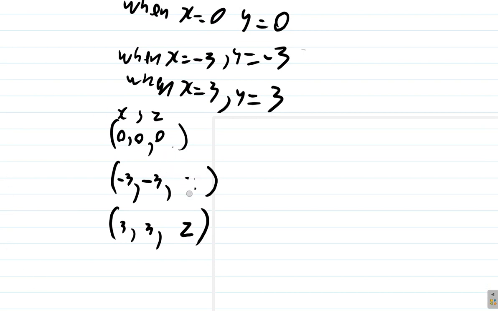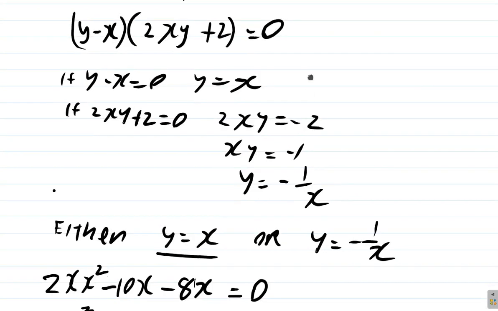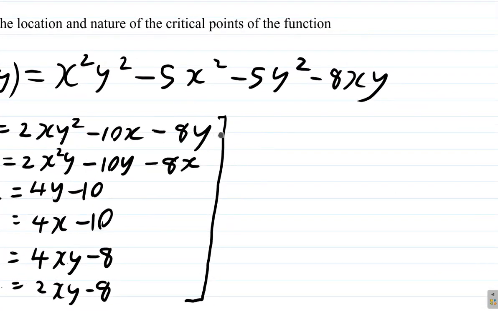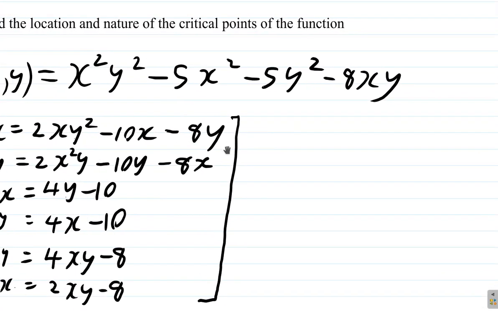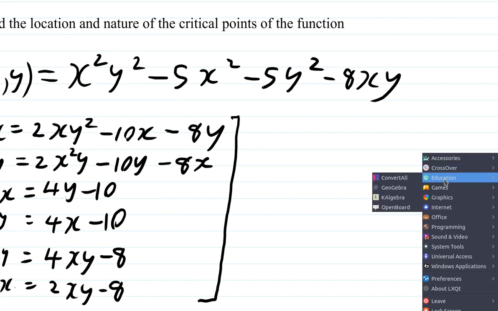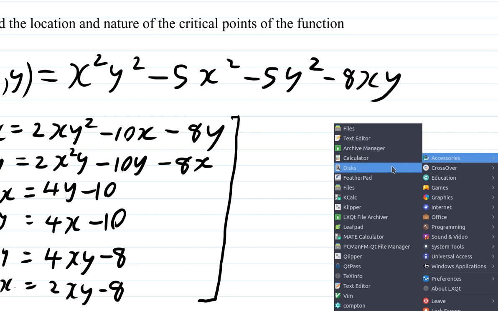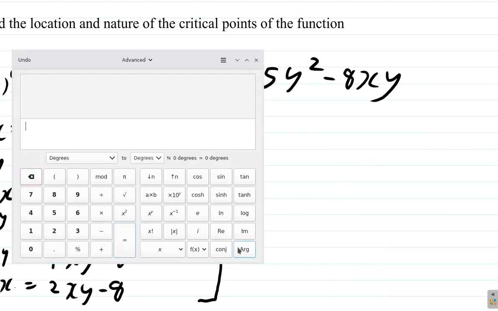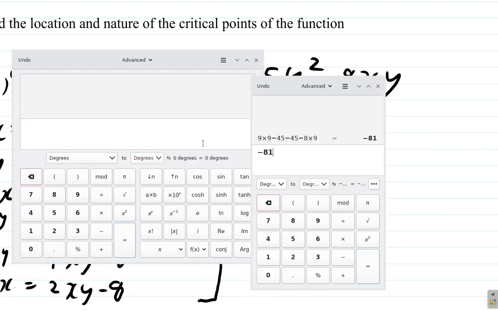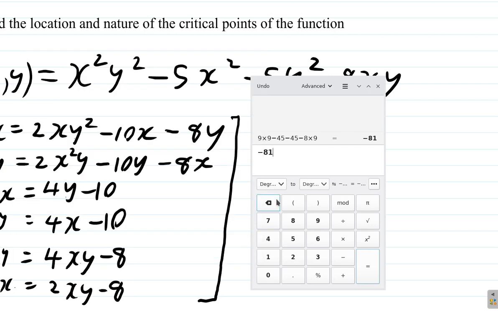So this would be negative 81. And then when x is 3 and y is 3, what is z? Let's see what z would be in this case. Remember, both of them now are positive 3.